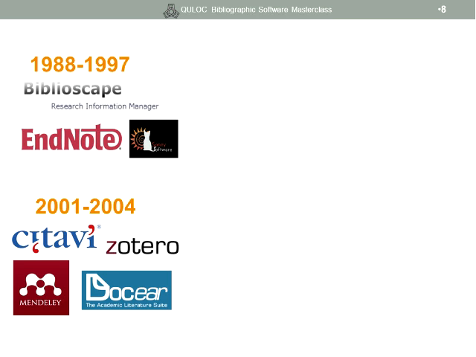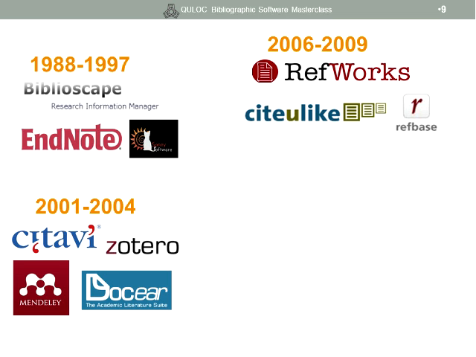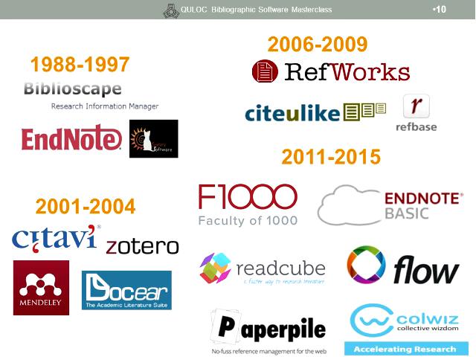Then 2001 to 2004, we had Citavi, Zotero, Mendeley, and Docear. Then in 2006 to 2009, we had RefWorks, CiteULike, RefBase. And then in 2011 to 2015, we have F1000, EndNote Basic, ReadCube, Flow, I think that's ProQuestFlow, PaperPile, and Colwiz.